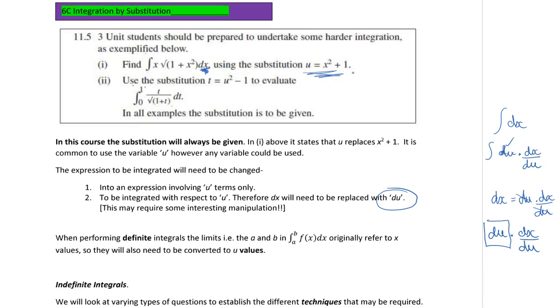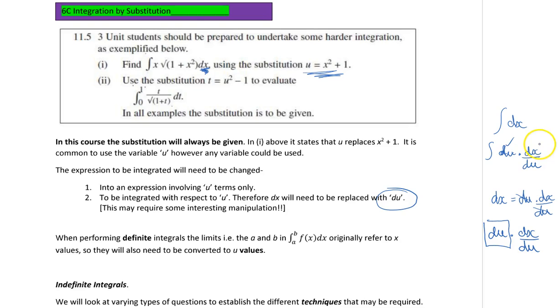Integrating x with respect to u, we could turn this around. We could get this in terms of x by calling x the square root of u minus 1. And we could then differentiate x with respect to u.